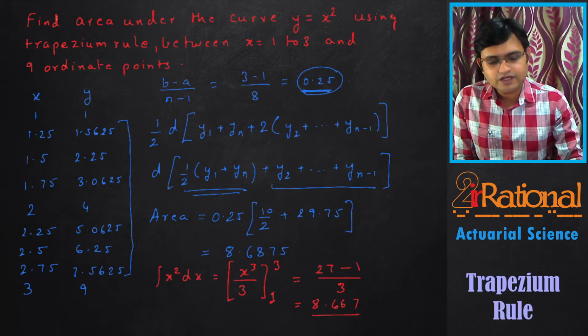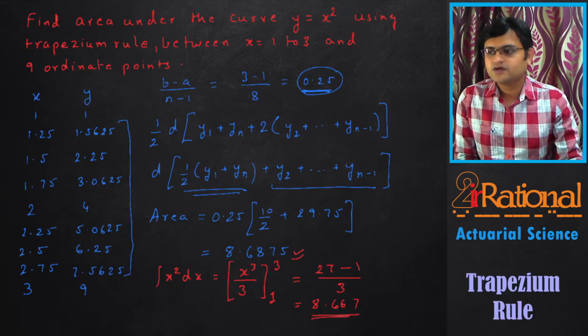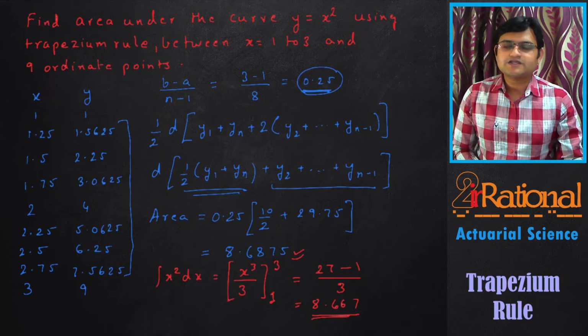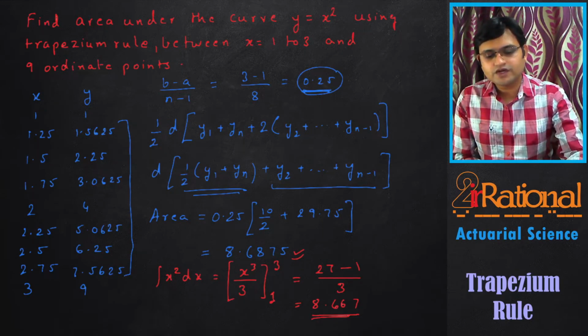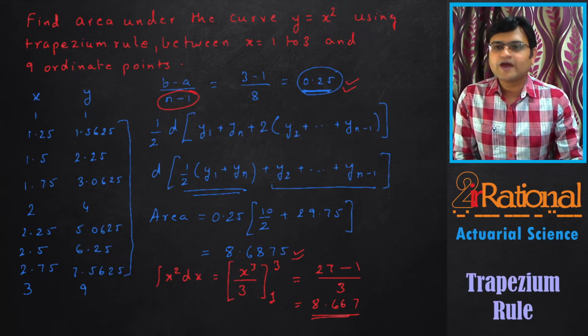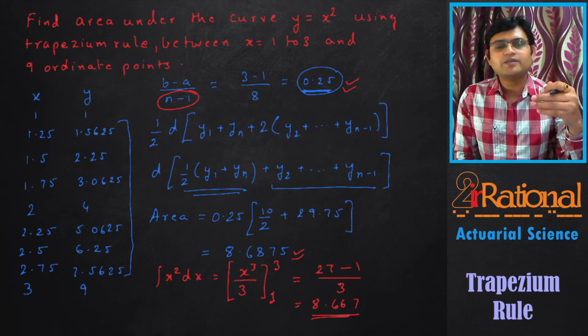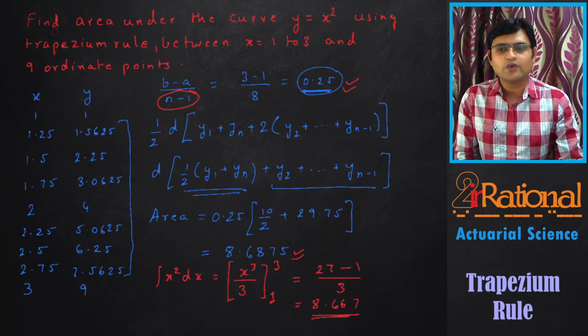So you can see nearly we got the same answer. So you might say it is approximately the same. And if you increase the number of trapeziums, that means if you decrease the width of each of those trapeziums by increasing n, you will find that your answer becomes closer and closer to the actual value.